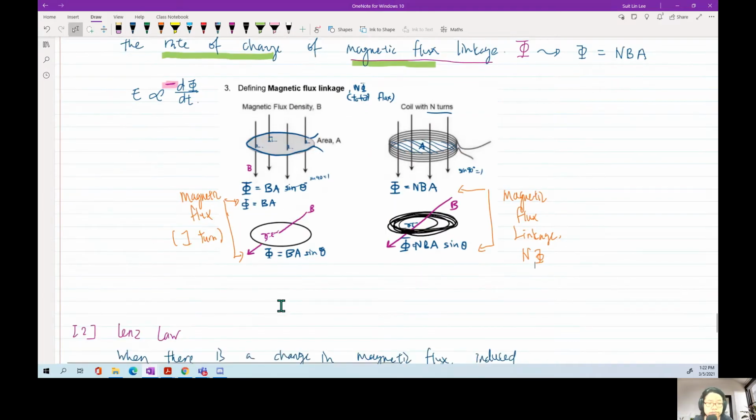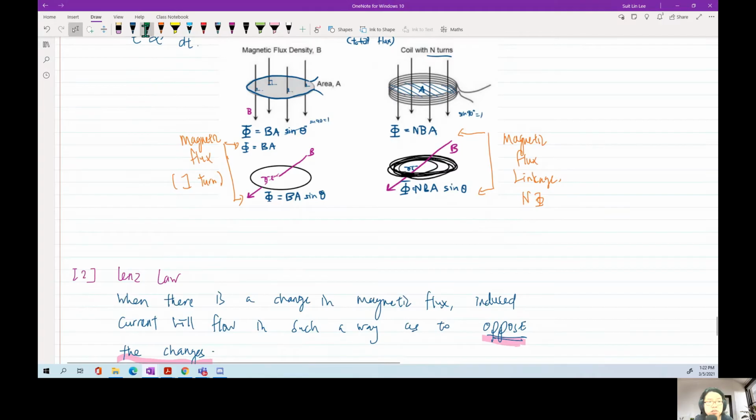I'm just going to put a list here of ways to change the magnetic flux. Option 1, look at the equation, NBA sine theta. We can change theta, which means we can rotate the coil. When you rotate the coil, you change the flux.